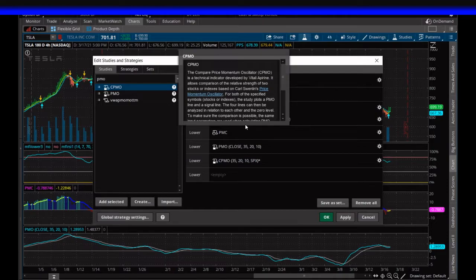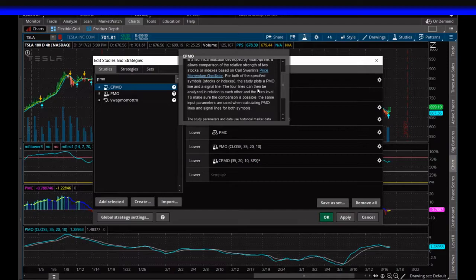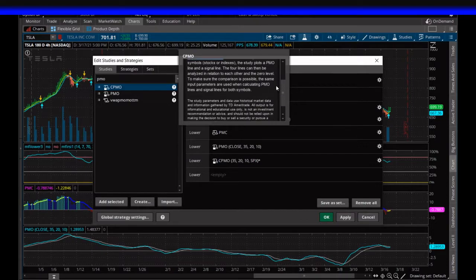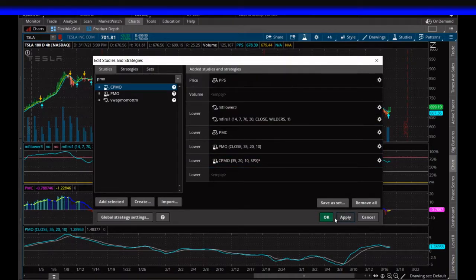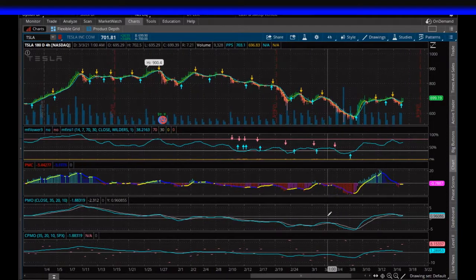The study plots a PMO line and a signal line. The 4 lines can then be analyzed in relation to each other and the 0 level to make sure the comparison is possible. The same input parameters are used when calculating PMO lines and signal lines for both symbols. It's a lot to take in, but we're going to check it out here.